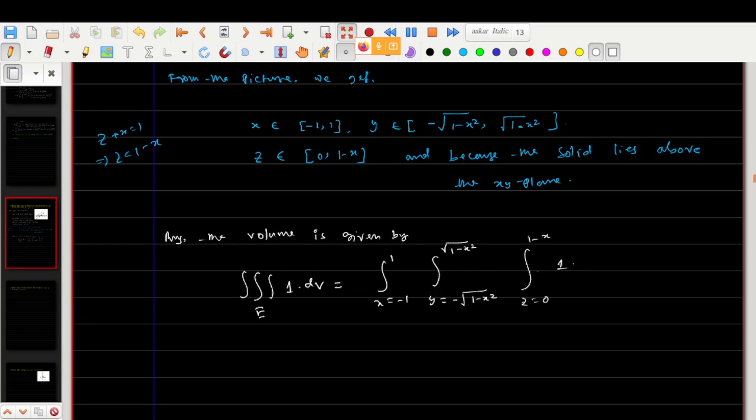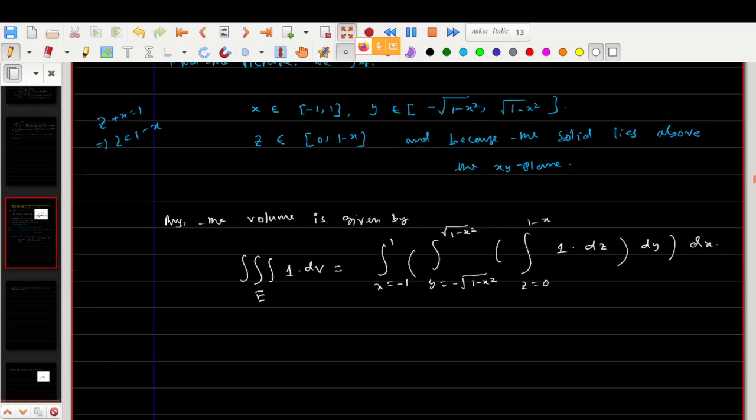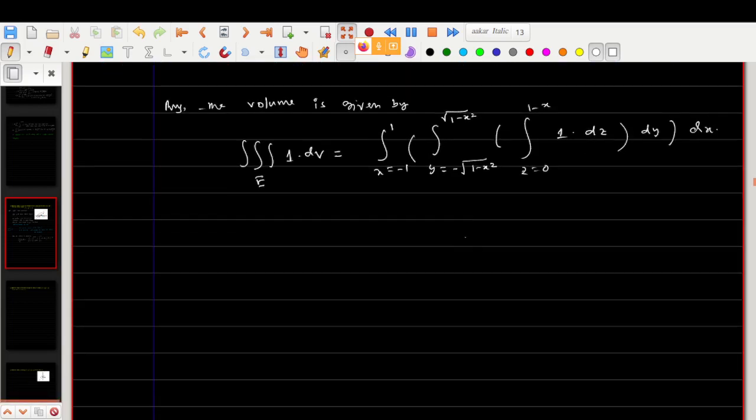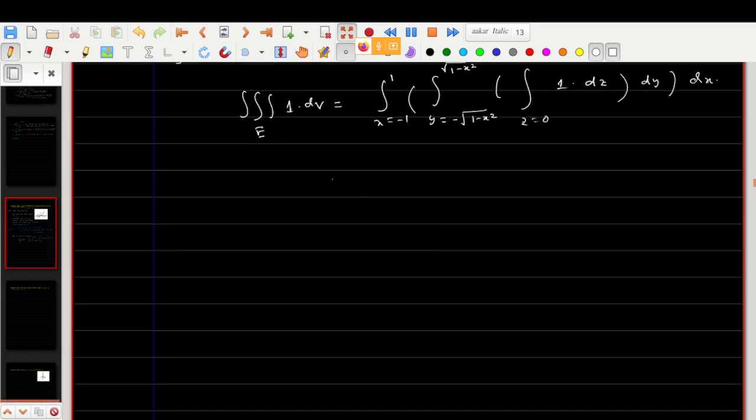But for dV here, I know the order of the integration. The first integration is with respect to z, the second one is with respect to y, and the last one is with respect to x. So now let's calculate this quantity.